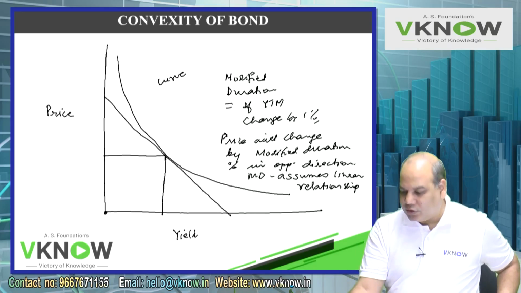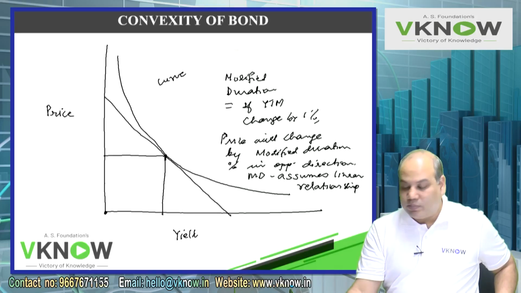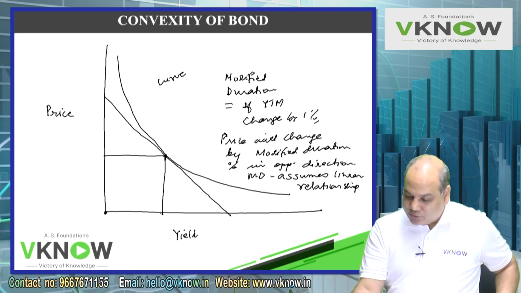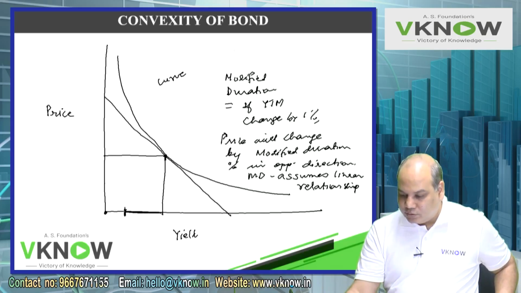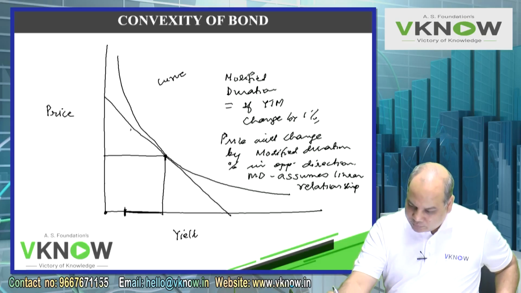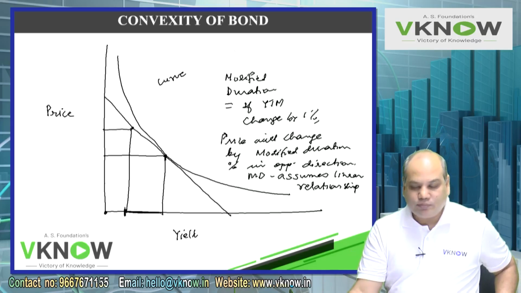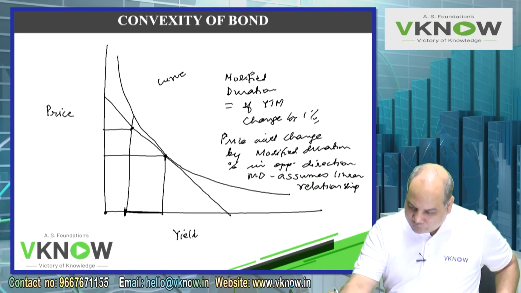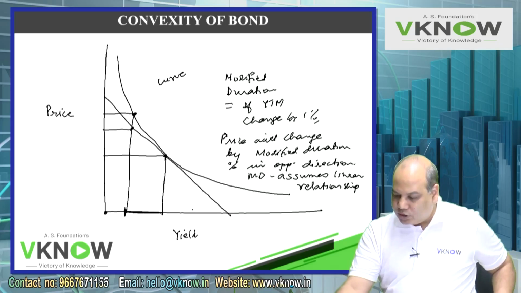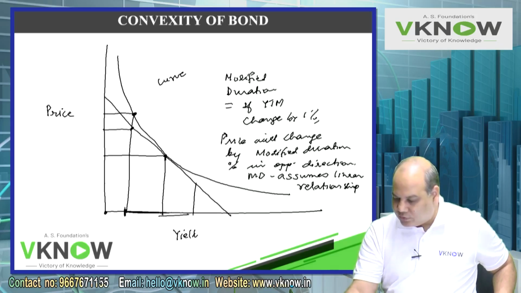This is the yield, this is the price. So at this point both are equal, but let us say the yield changes by 1 or 2%, let us say by 2%. So what will happen? Modified duration will say this will be the price of the bond, whereas actually the bond price will be this. Similarly, suppose the yield increases by 1 or 2%.